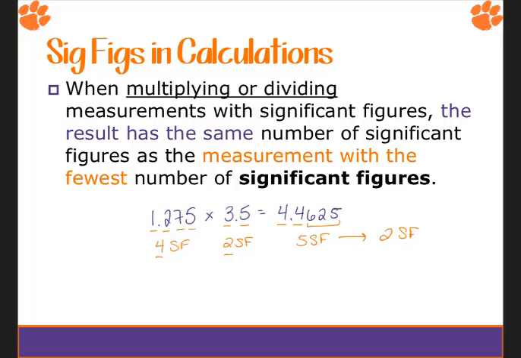Everything else is uncertain. Then our rounding rules apply, just like they did in elementary school: if the number next to your last significant figure is 5 or above, you round up. If it's 4 or below, you stay the same. So this number becomes 4.5. You would do the same thing for division.